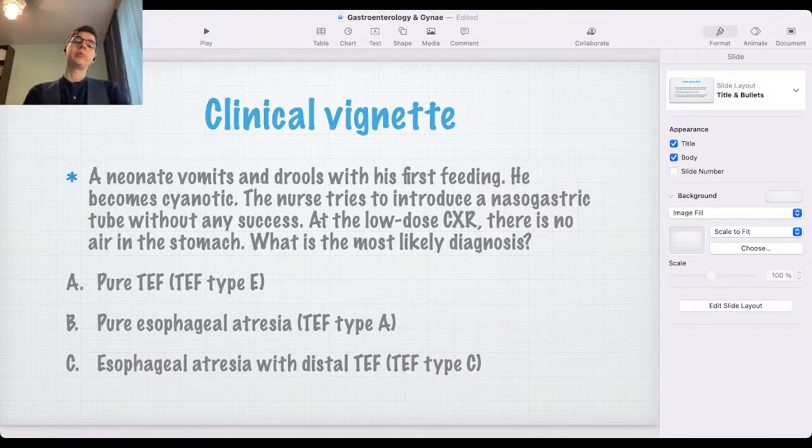If we have a pure tracheoesophageal fistula, again, the respiratory system communicates with the digestive tract, leading to the air bubble formation. However, if there is no communication between the respiratory system and the stomach, then we have no air in the stomach.